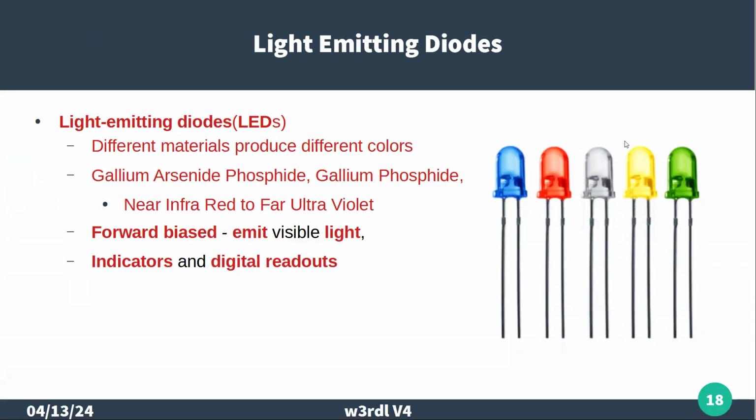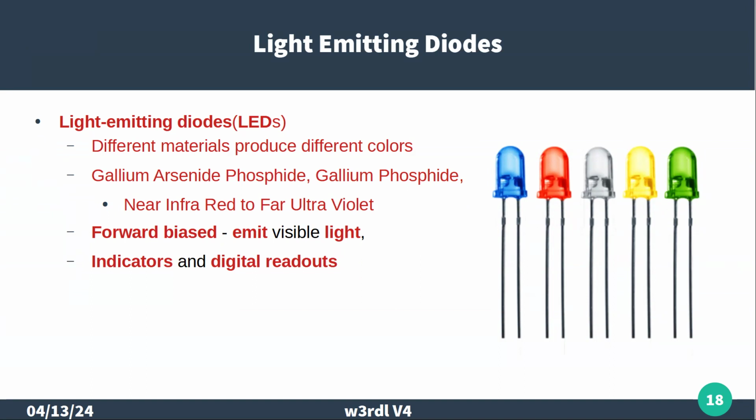Okay, light emitting diodes, kind of a special class of diode. It turns out that when you do have conduction or current flow across that PN junction, where you've got electrons that are at a higher energy state in order to be in the conduction band, when they recombine with an atom and go back to the valence energy, they have to give off some energy.